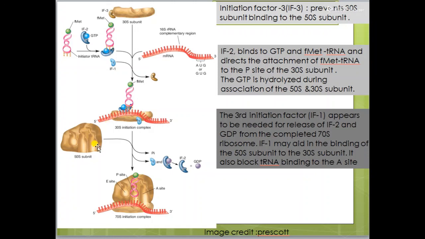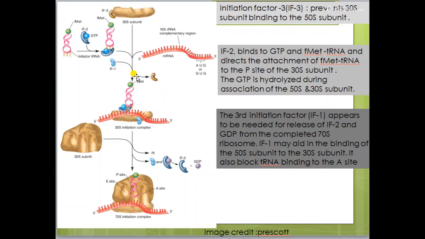Now, in the next step, what happens? The 50S subunit has to come and bind. And you can see that once formyl methionine has been bound here, initiation factor 1 does not have any role, and so it has to go. So for that, we have a third initiation factor called initiation factor 1.